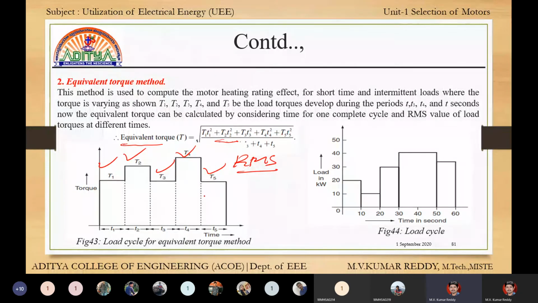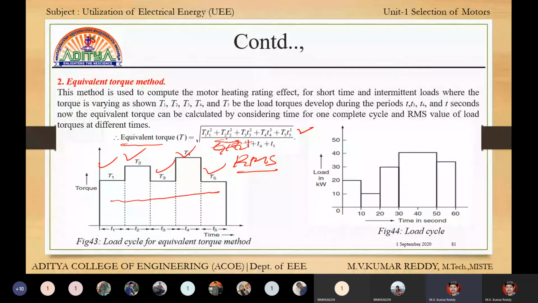Here there are only five torques, hence we write only up to five. The average is t1 plus t2 plus t3 and so on up to t5.